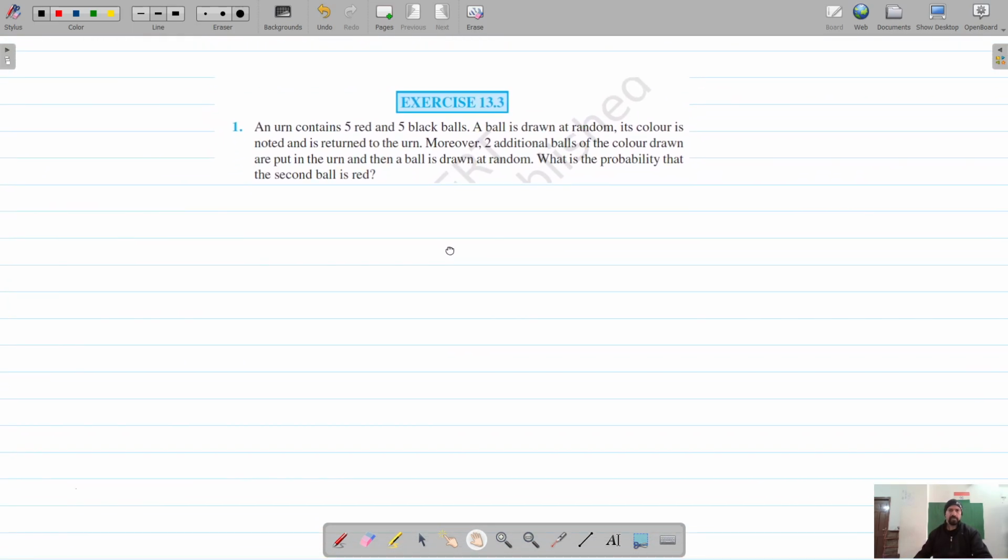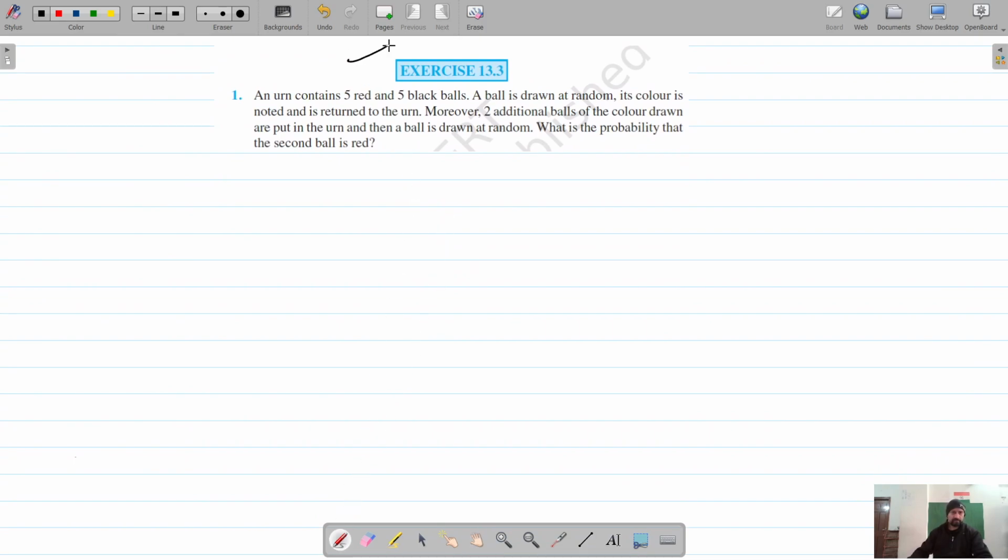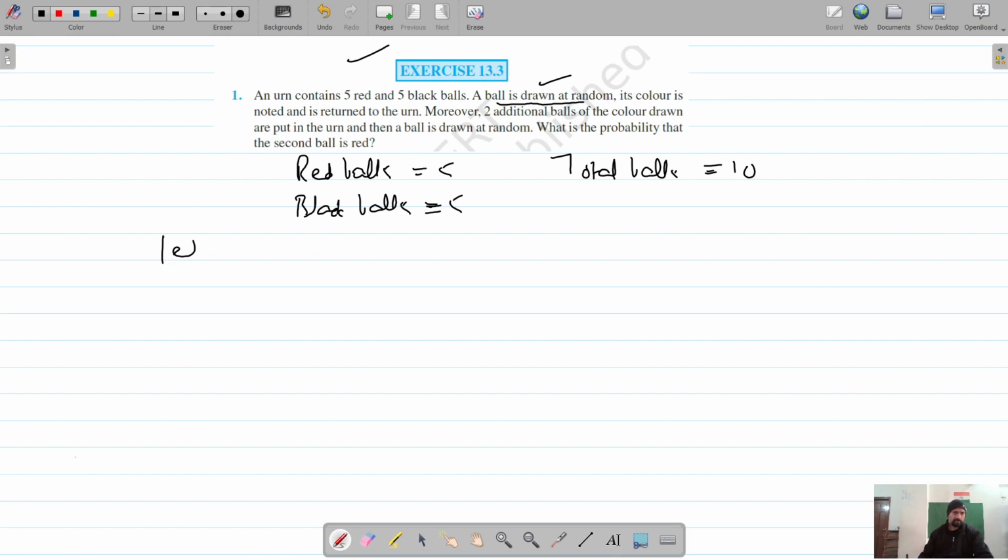And let's try to solve this example of exercise 13.3, wherein an urn contains 5 red balls and 5 black balls, so total balls are 10. The question says that we have to draw a ball. If a ball is drawn, then it could be either red or black.